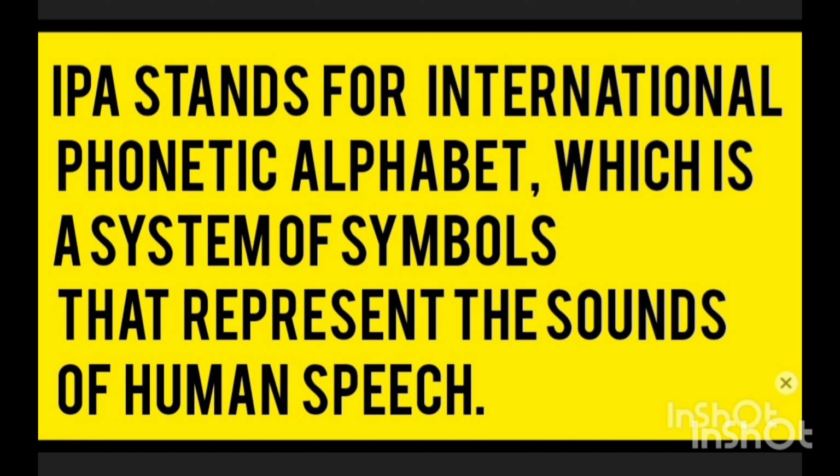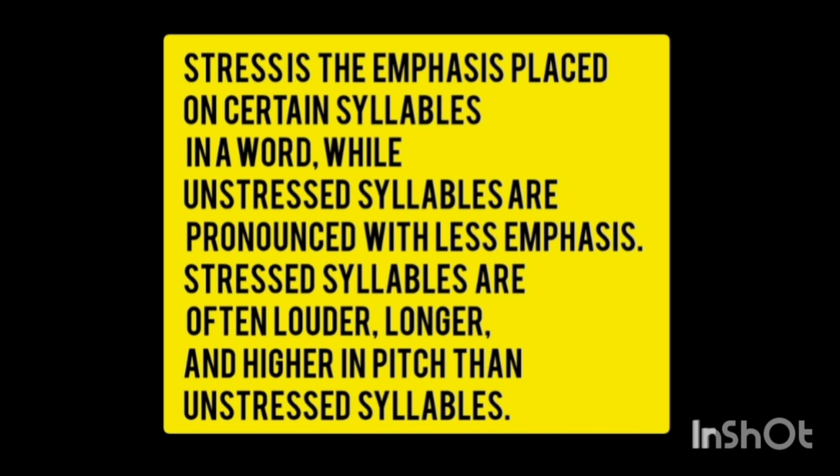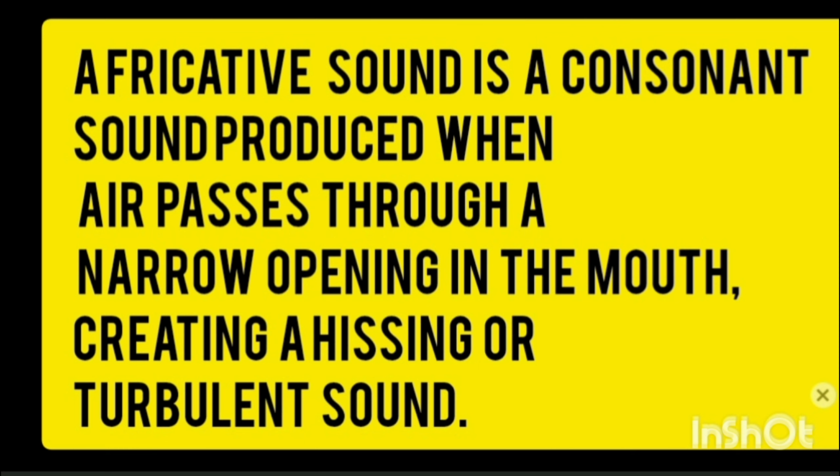Only then will we be able to understand the complex parts of that subject. So, when we talk about phonetics, phonetics is a branch of linguistics. Here you can see IPA. IPA is an abbreviation which stands for International Phonetic Alphabet.